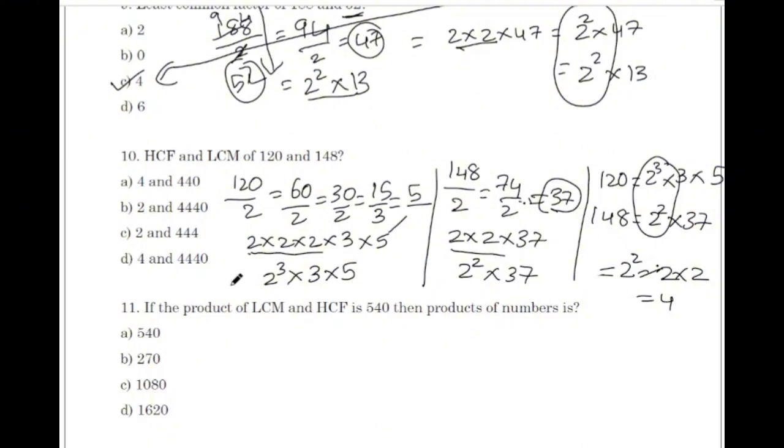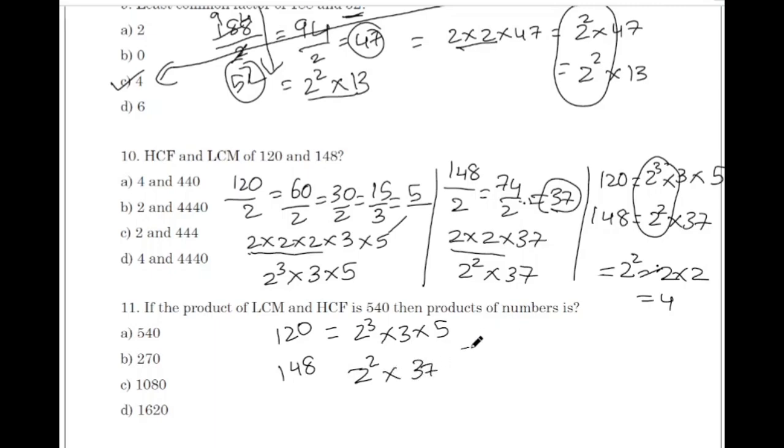And let us see the LCM. Let me do it over here. For LCM, you're supposed to take the numbers again. 120 and 148. In 120, we have 2 to the power of 3 into 3 into 5, and in 148 we have 2 to the power of 2 into 37.